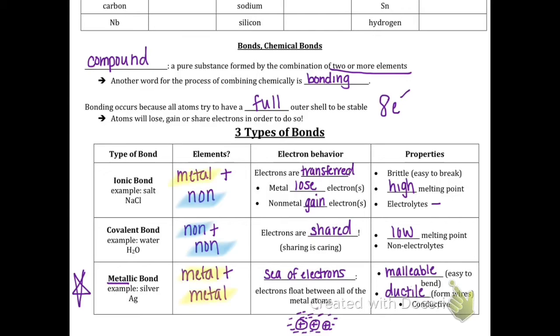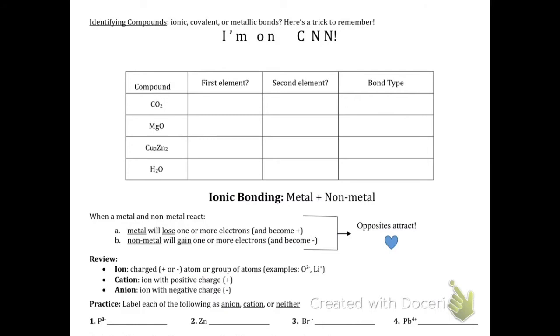Okay, I highlighted the different colors to match our periodic table at the top of our notes. All right, so next, let's use a trick to help us remember the difference between metallic, ionic, and covalent bonds. Metallic has the word metal in it, so think metal and metal.